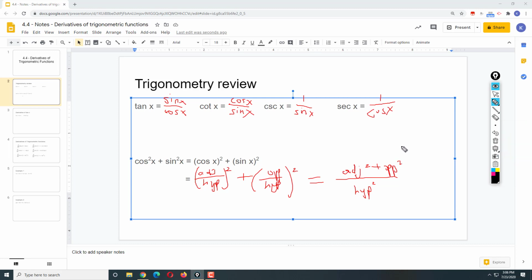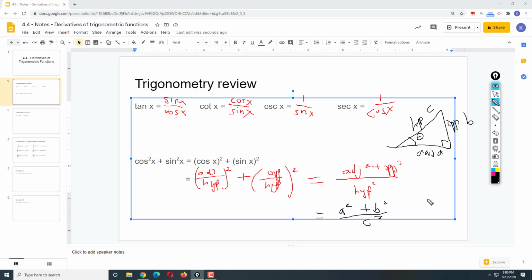But let's think about this. Going back to our triangle, given any right triangle and our angle, this is the hypotenuse. Let's call it C. That's the opposite. Let's call it B. Adjacent, let's call it A. In other words, adjacent squared is A squared, opposite squared is B squared, and hypotenuse squared is C squared.